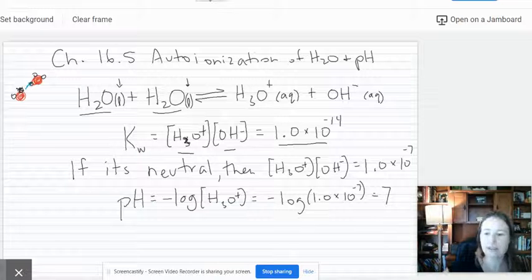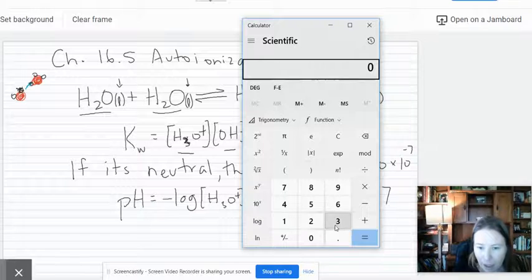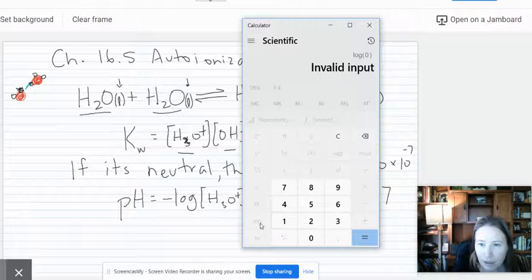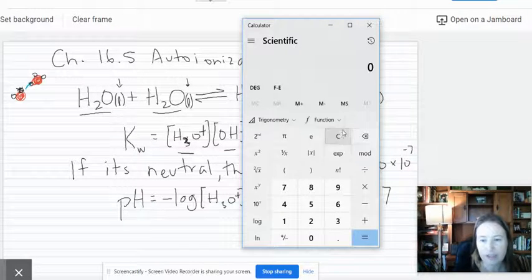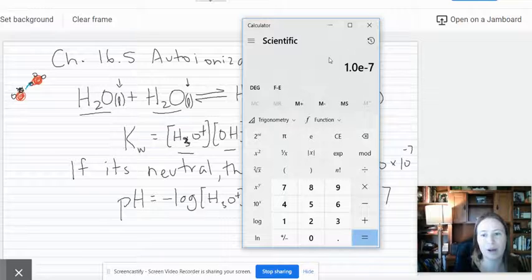If you don't believe me, we can do that. Yeah, that's what I thought. I have to enter 1.0 exponent negative 7. On some calculators, you have to put the value in first. If you hit log and it says error, it's trying to take the log of 0, so put in your number first if you have that type of calculator.